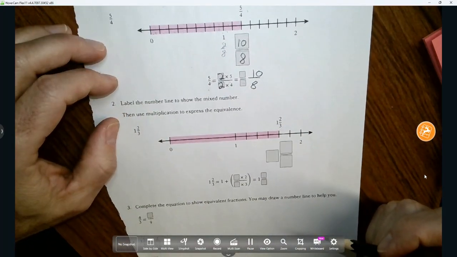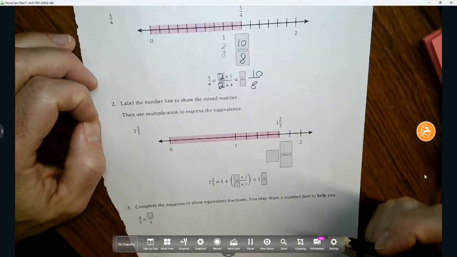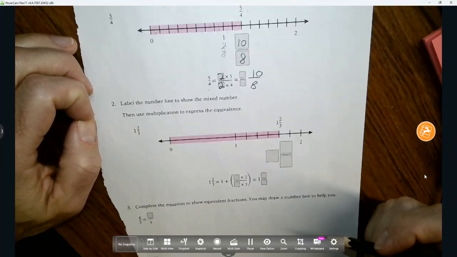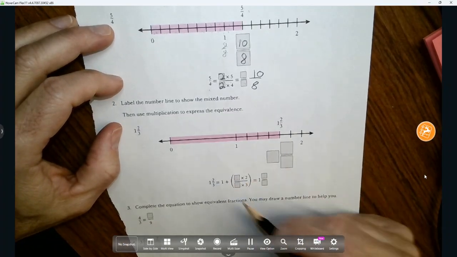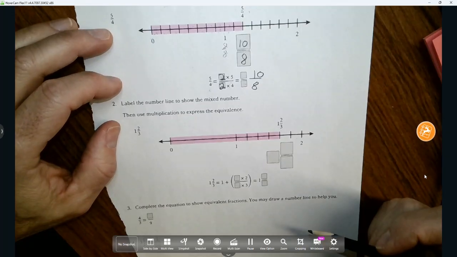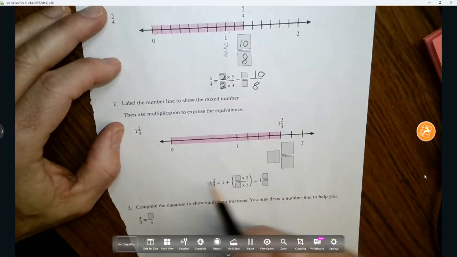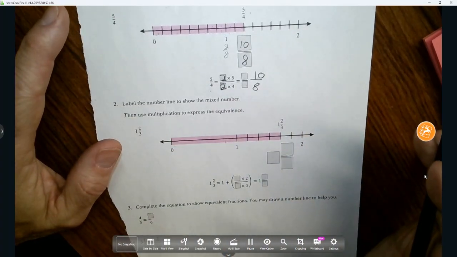All right. Let's look at the next one. It says label the number line to show the mixed number. Then use multiplication to express the equivalence. Here they're not giving us as many numbers. Well, they do give us one hint. From 0 to 1, they don't show us anything. That's not helping us.